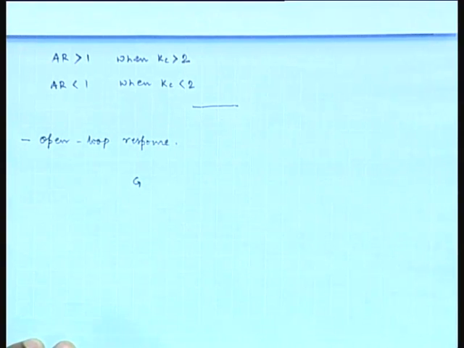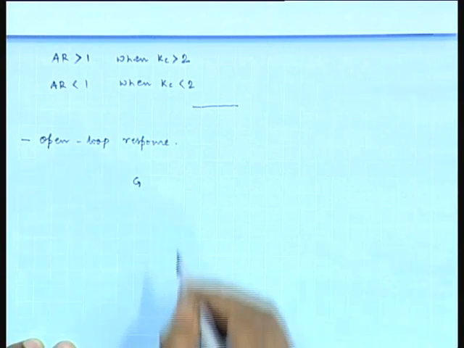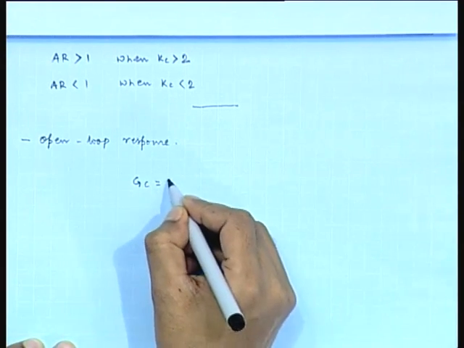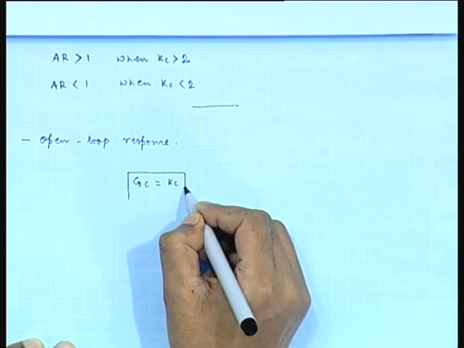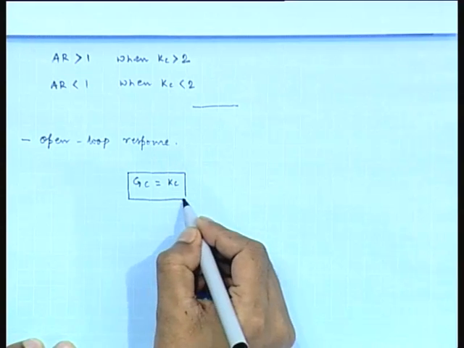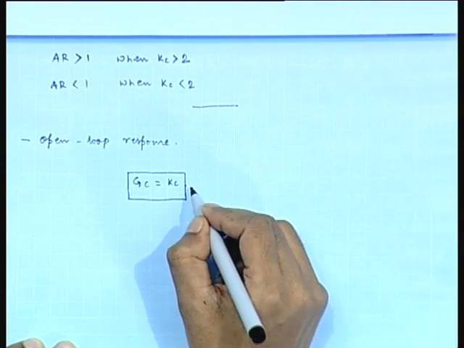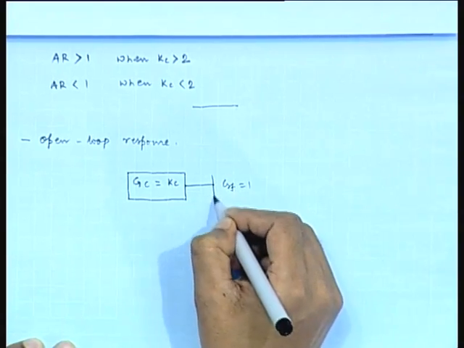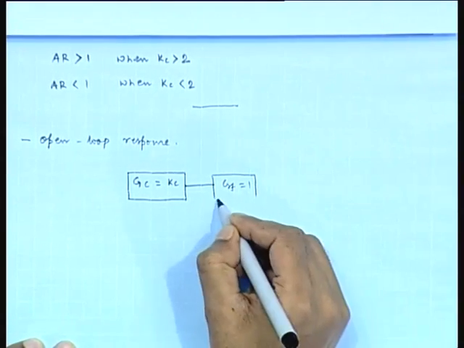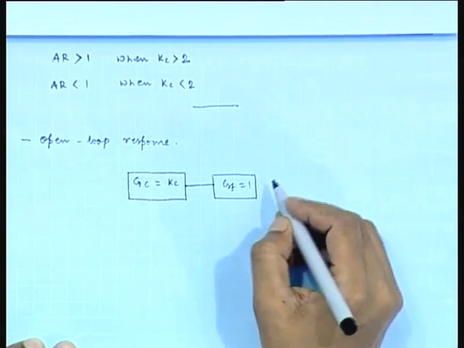Previously we considered the closed loop, we want to open that. Then we need to disconnect something, and that is shown here.